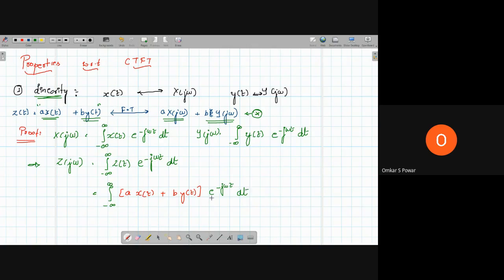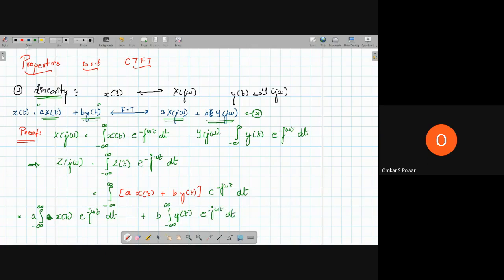Now let me bring this e power minus j omega t inside. So how can I write this one? Integral minus infinity to infinity a into, let me take this a outside, x of t, and I multiply this e power minus j omega t inside, e power minus j omega t dt, plus b into integral minus infinity to infinity y of t e power minus j omega t dt.